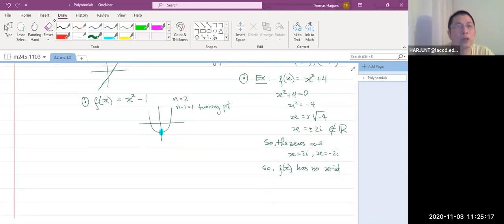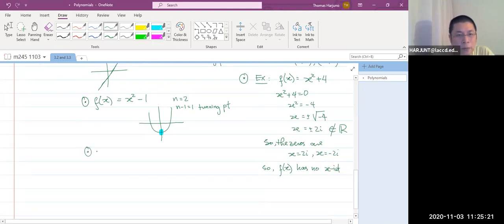Now another one, let's say I have f(x) equals x cubed minus 3x squared plus 2x. You will see the degree is 3, right? And it has 3 zeros.